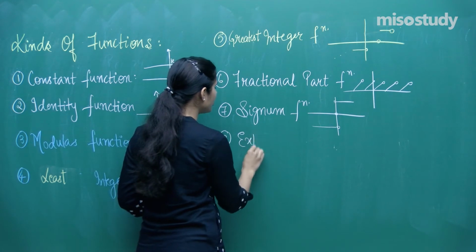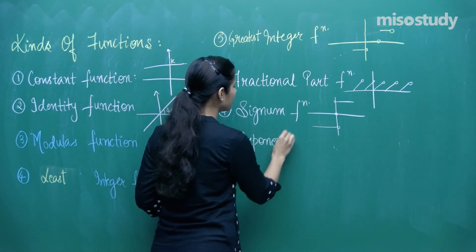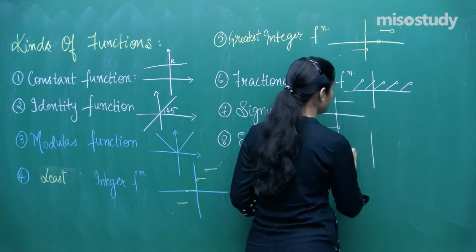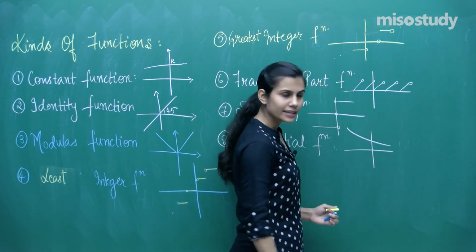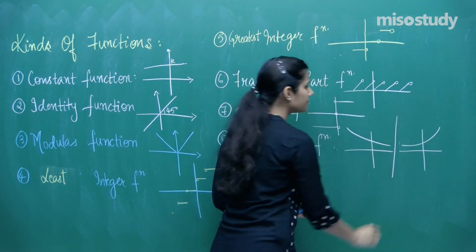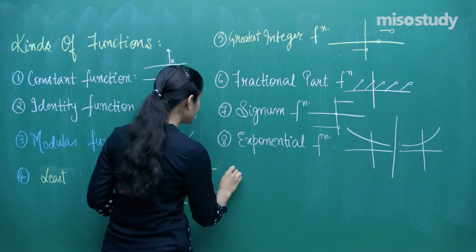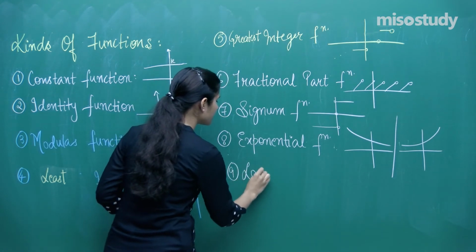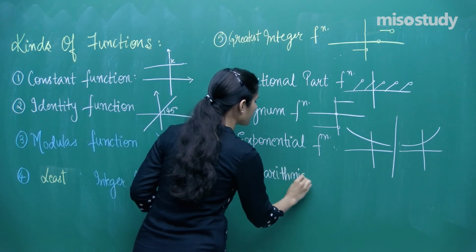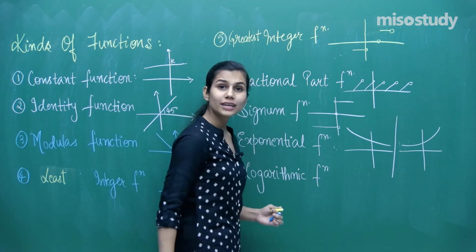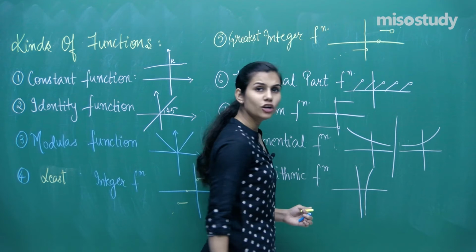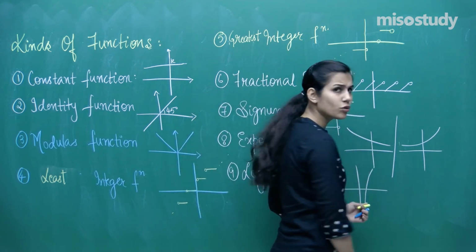Having the exponential function as the next one, either it looked like this or it looked like this. Similarly, we did logarithmic functions, which looked like what? It either looked like this or it looked like what?